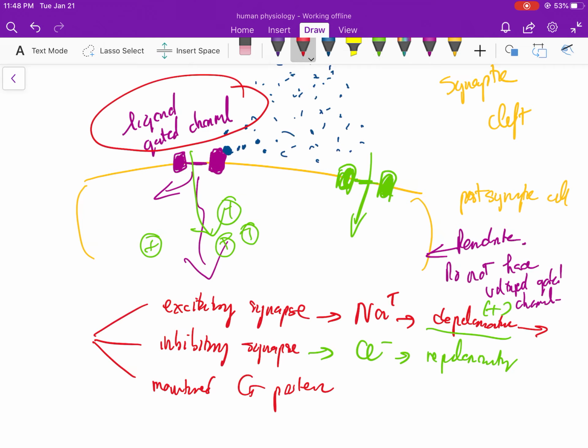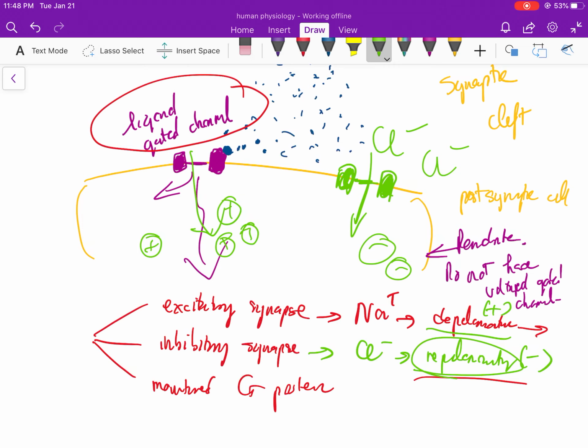But in opposite, repolarization is when we make the voltage inside the cell become more negative. In this case, chloride brings negative charge into the cell and makes it more negative, that's why we have repolarization. And when we have repolarization, we will cause an inhibitory effect and cause no action potential.